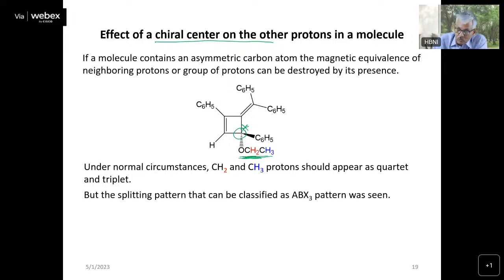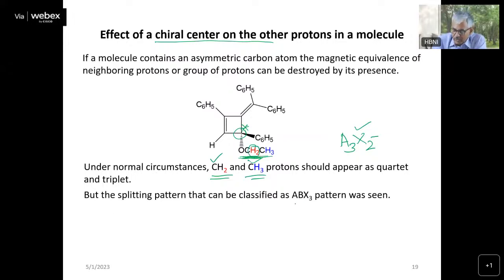If there is no chiral center, what will you see? You will see an A3X2 pattern, because the oxygen attached to CH2 is quite downfield, and this X2 is nothing but the CH2 and this A3 is CH3. But now this situation is different because it's attached to a chiral center, and these two hydrogens will no more be equivalent.